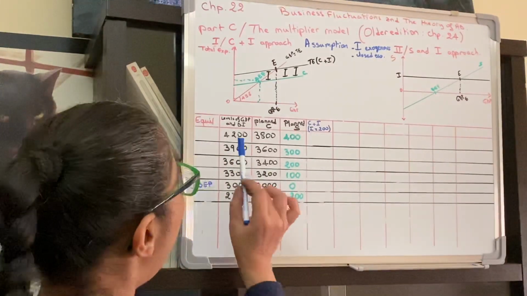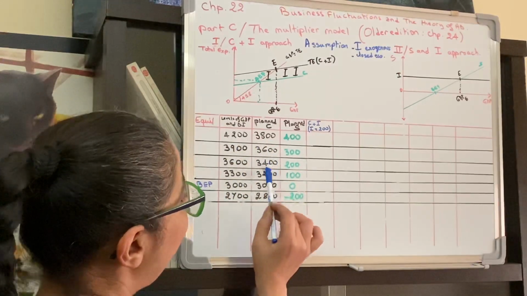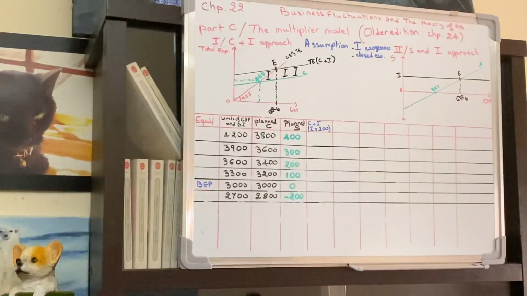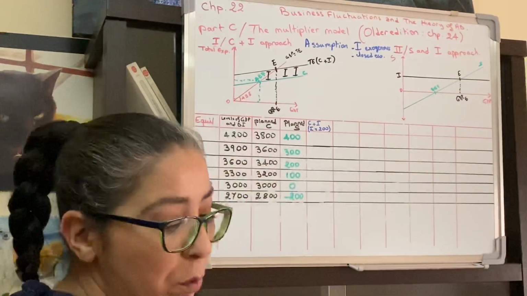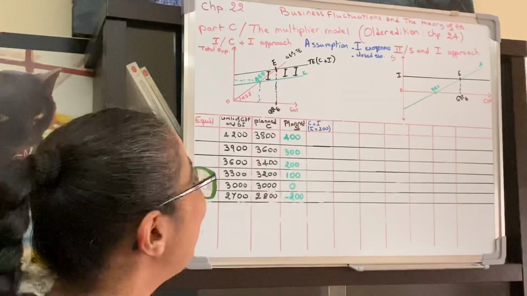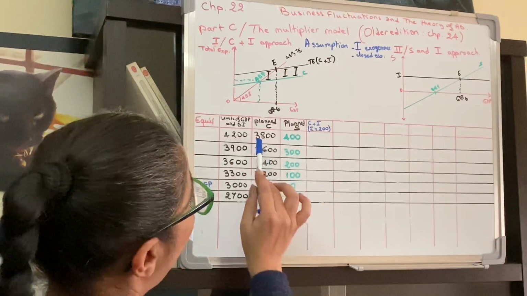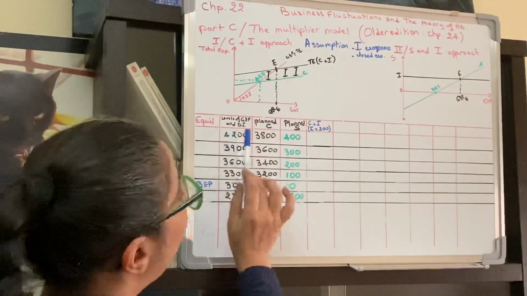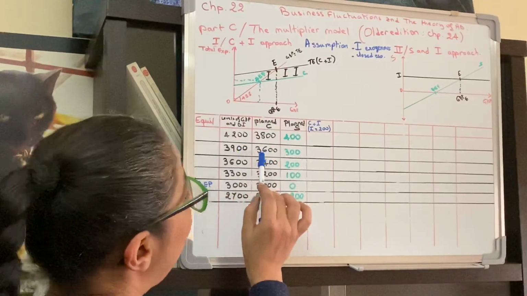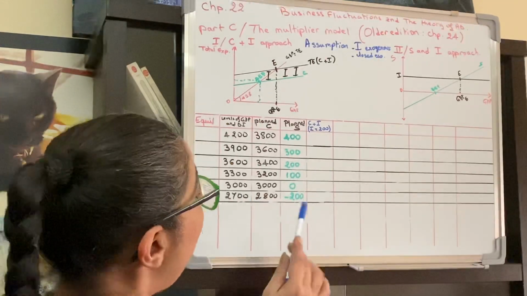Let's see here. I have my levels of GDP and my levels of consumption. Okay? This is table 22.2 in the book, but I'm going to modify it. I'm going to add more columns, okay? So here I calculated my savings. So here I have 4,200 minus 3,800 gave me 400. 3,900 minus 3,600 gave me 300, and so on.